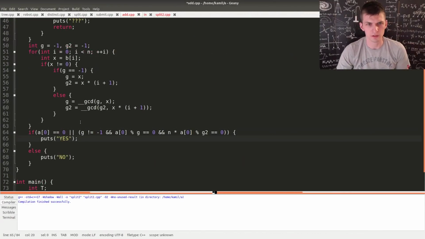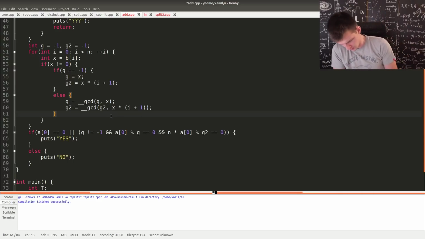Am I correct here? If this is bi, if non-zero, compute GCD. GCD of values and GCD of sums of values. Maybe this is stupid.